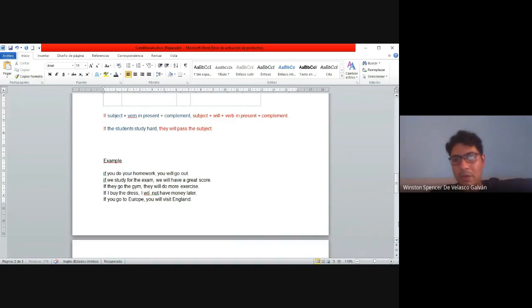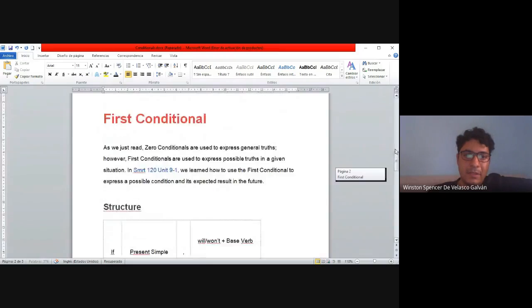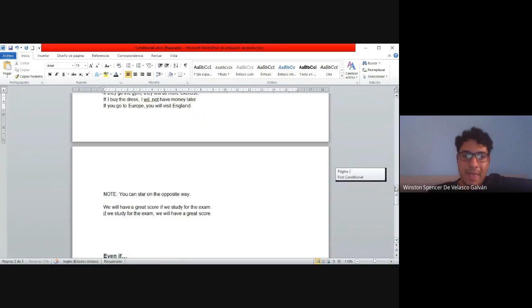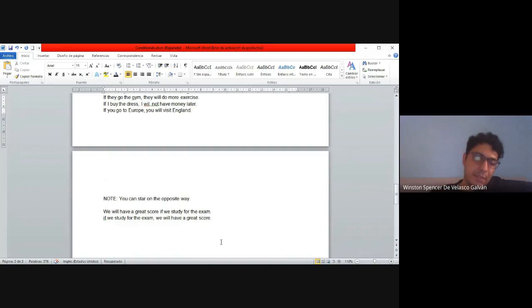That's a good one. Well, with that said, that is the structure for the first and zero conditional. Now, there is the same note. You can start the opposite way. We will have a great score if we study for the exam, or if we study for the exam, we will have a great score.